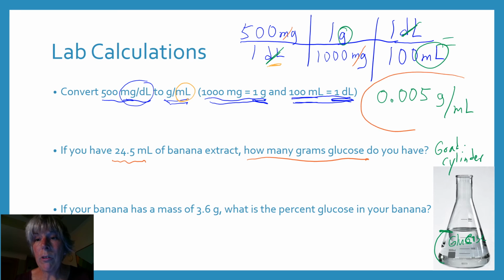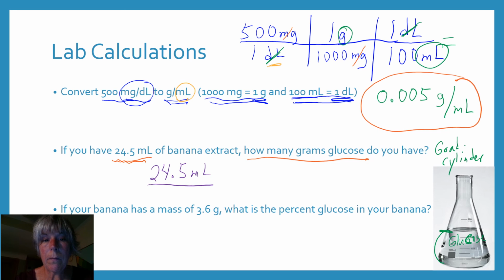Here's my grams of glucose for each milliliter. I've got 24.5 milliliters. If I just multiply those, I'll be able to calculate the grams. So I take my 24.5 milliliters from here, multiply it by my conversion factor here, which is 0.005 grams for each milliliter.